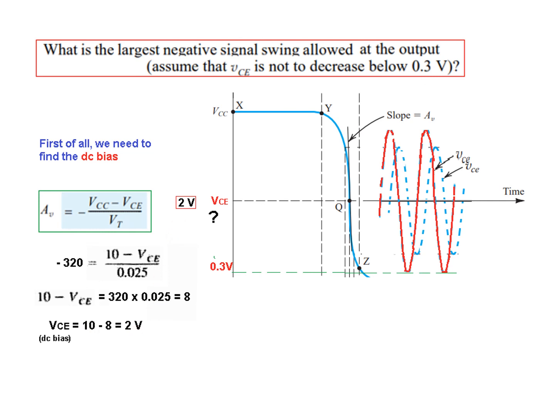So that is how we get 2 volt here. And now from 2 volt, this could go down to 0.3. That means how much is the swing? 2 minus 0.3, that is 1.7. So VC swing is 1.7.